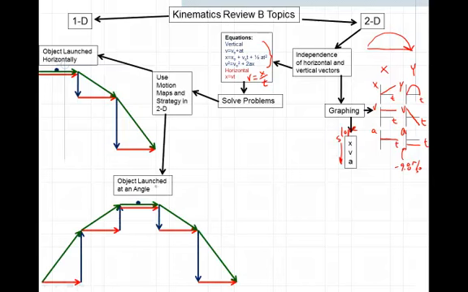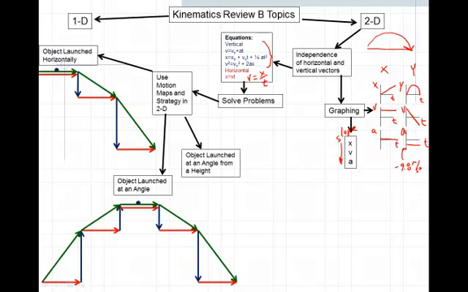There's also objects launched at an angle, and again, if you look at the horizontal velocities, the red arrows there, they remain constant, so the acceleration is still 0 in the horizontal. In the vertical, the velocities are increasing on the way up, coming to a stop, then increasing on the way down, with the acceleration arrows always pointing downward.